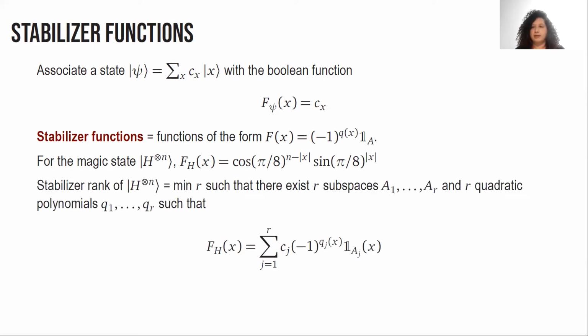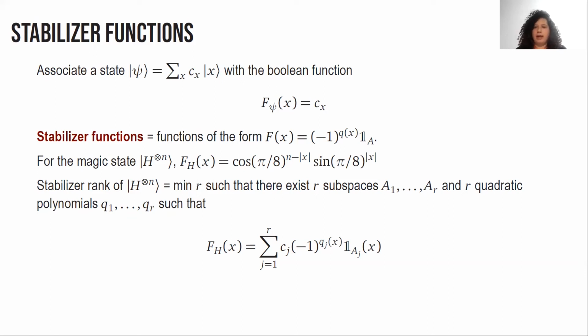And the stabilizer rank of a function is the minimal r such that there are r subspaces and r quadratic polynomials, and f is a linear combination of the r stabilizer functions that are associated with those subspaces and quadratic polynomials.